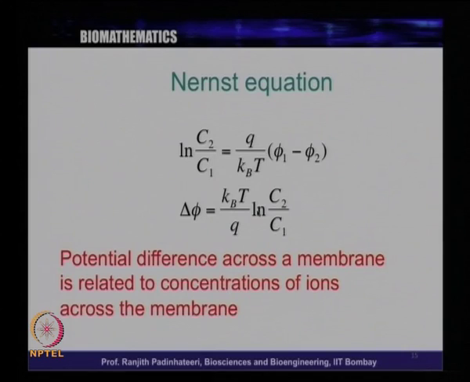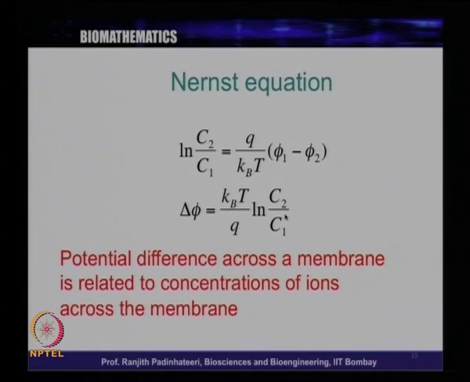If the equilibrium concentrations are C1 and C2, that will develop a potential difference delta phi given by this particular equation. This equation is called the Nernst equation.